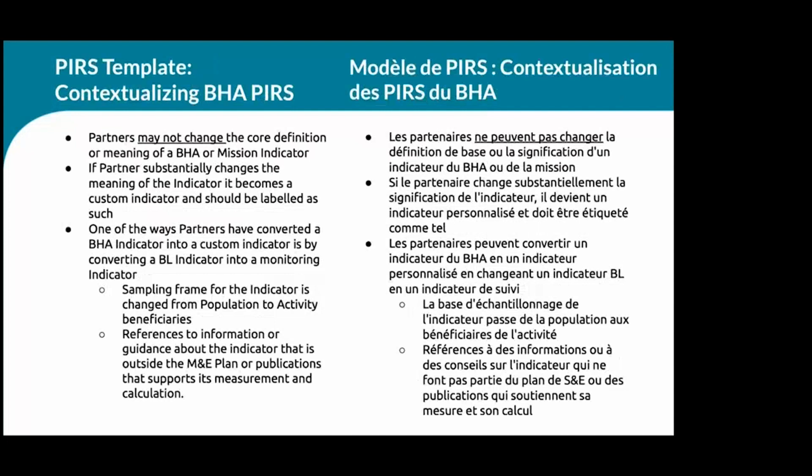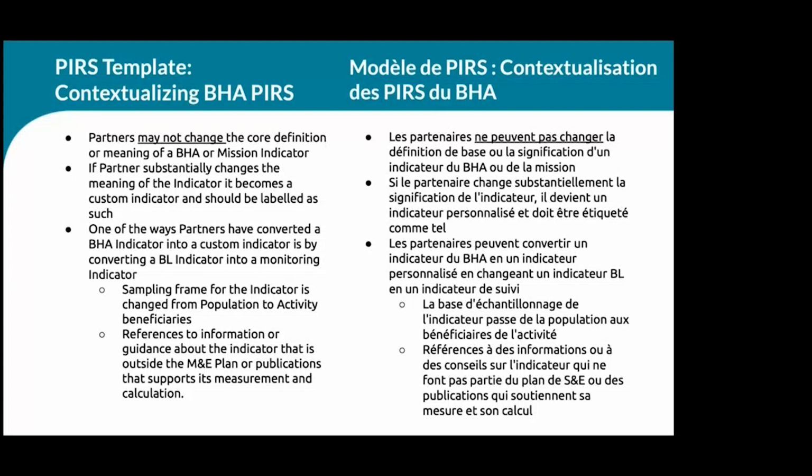And then to contextualize the BHA standard PIRs that are provided in the indicator handbooks, partners are not supposed to change the core definition or meaning of a BHA or mission indicator. If the meaning of the indicator substantially changes, then it will become a custom indicator actually, and should be labeled as a custom indicator.